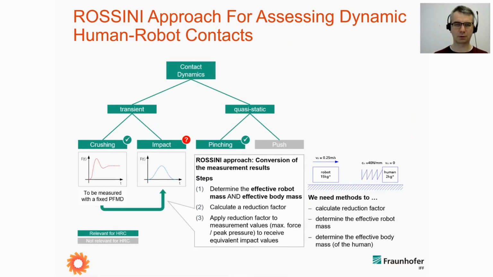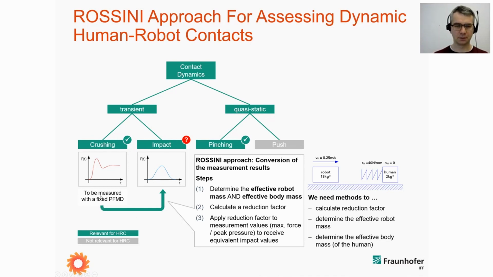And what we developed in the Rossini project was a conversion technique. Again, we have these two contact types, transient and quasi-static. We have already seen this, and we can distinguish the transient part into crushing and impact. We can measure the crushing contact, and what we want is a result for the impact, which we cannot measure.